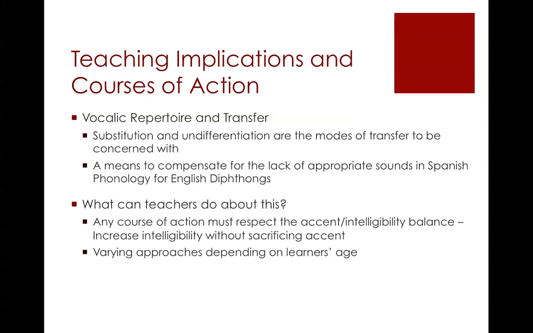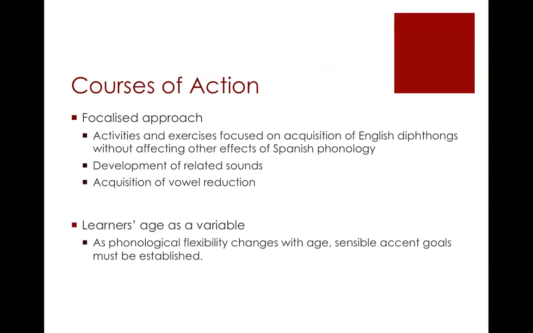Now, what can teachers do about this? Whatever teachers do must take into consideration the fact that any course of action must, as we mentioned earlier, respect the accent-intelligibility balance. We have to increase intelligibility without sacrificing the accent, and take an approach that varies depending on the learner's age.